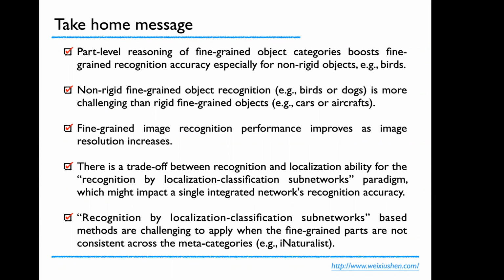So the fine-grained parts are not consistent across these multiple categories. So unified end-to-end feature encoding methods are more appropriate. And this learning paradigm will be introduced in the following portion of the tutorial.